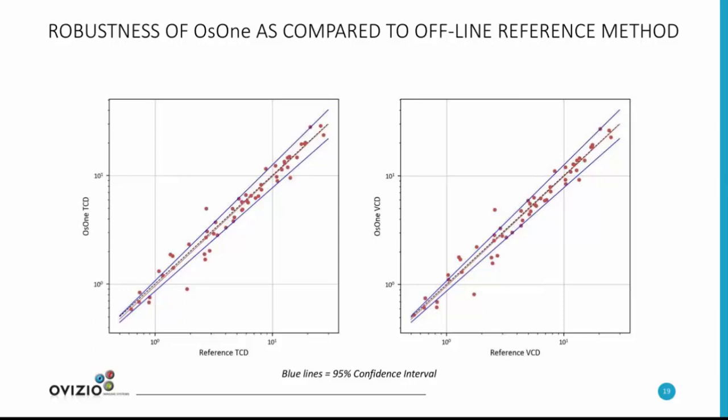And then you see that basically all points, or I would say 90% of the results generated by both methods, fall within each other's 95% confidence interval. So that means that both methods are really comparable to each other, and that results generated by OS1 are very comparable to what you're used to use in your day-to-day processes.